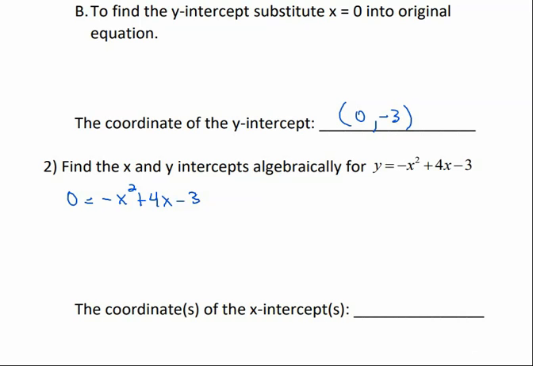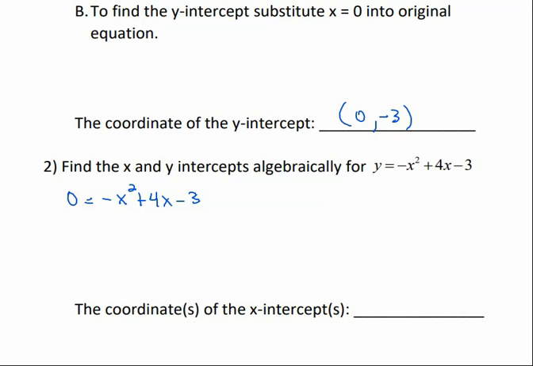If I have just a negative as my a value, if I were to move all of this over to the other side or just factor out a negative 1, that's going to change all of these values. So as long as I change the sign of everything in the equation, then it's equivalent.